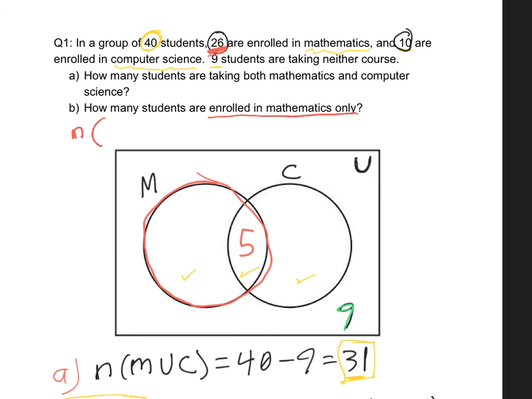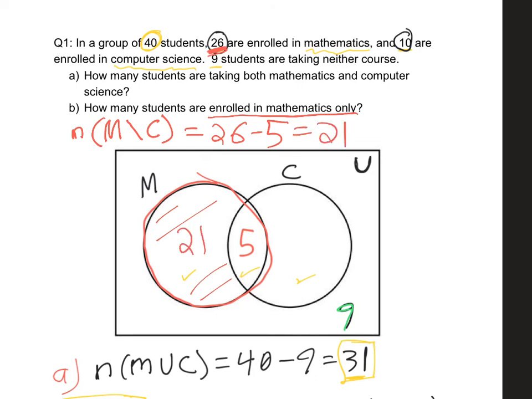We want the number of students who are enrolled in mathematics but not enrolled in computer science. So this would be the number of students in set M minus the number of students in set M and C. So we have 26 students who should be in this set in total. Subtract the 5 students who are in both sets, and that gives us 21 students. So we have 21 students who are only enrolled in mathematics.